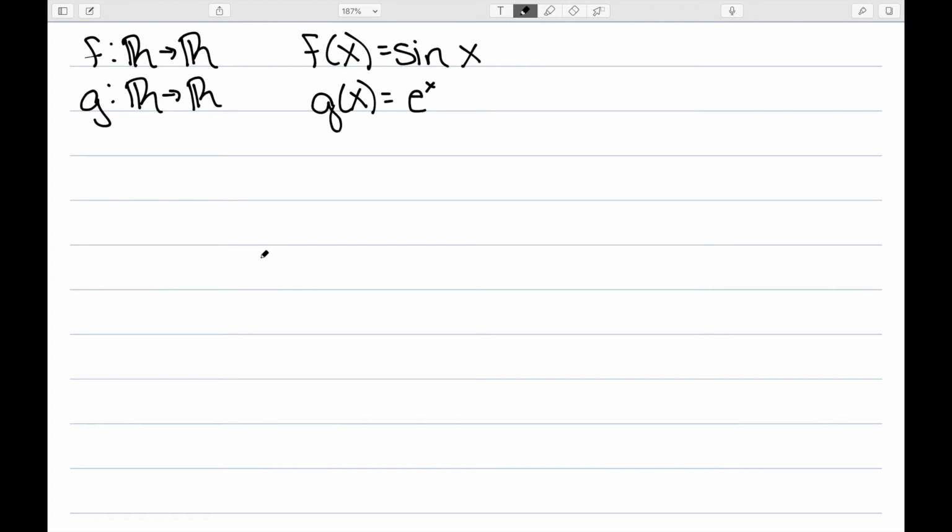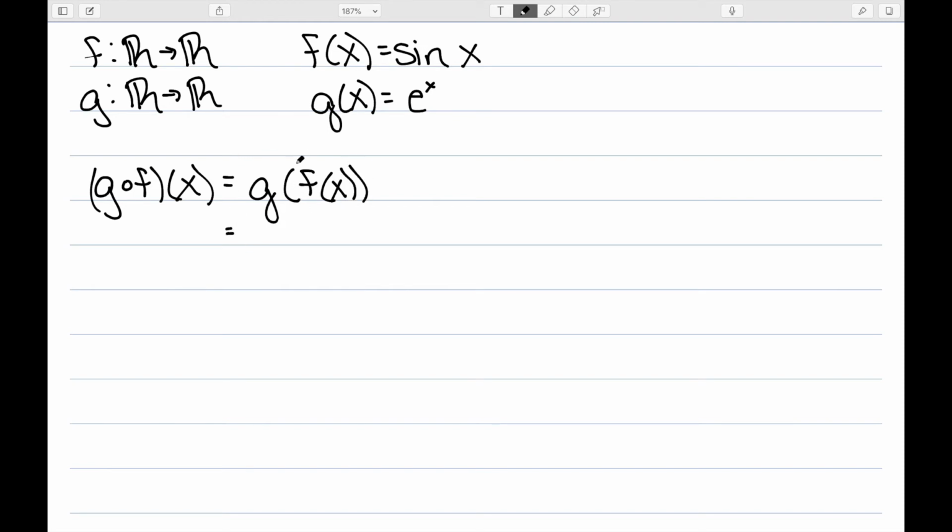Let's do some examples with actually finding the composition. Here I have a function f going from R to R defined by f of x equal to sine x, and g goes from R to R defined by g of x equal to e to the x. I want to find g of f of x. Well, this means g of f of x.